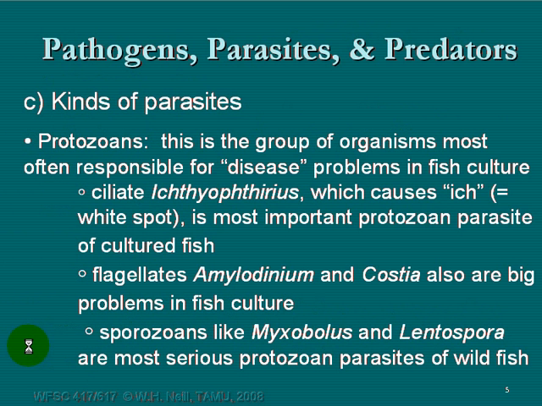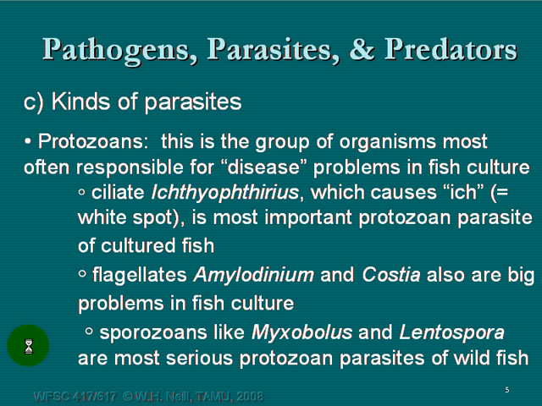Protozoans. Last things I looked at, sort of reviews, suggested that protozoans are the group of things that are most often responsible for problems in fish culture. And some of the bad actors are things like the ciliate ick, or ichthyophthirius, white spot disease.